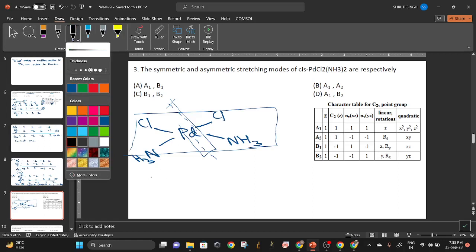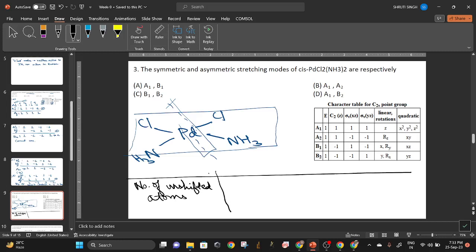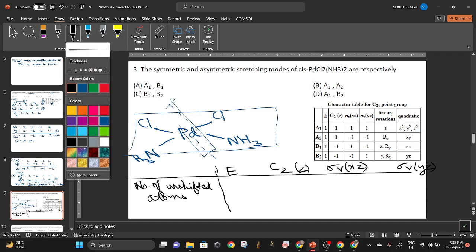We find the number of unshifted atoms. The last week's assignment, what did we do? E, C2(z), sigma v(xz), sigma v(yz). The whole assignment was this only, no?